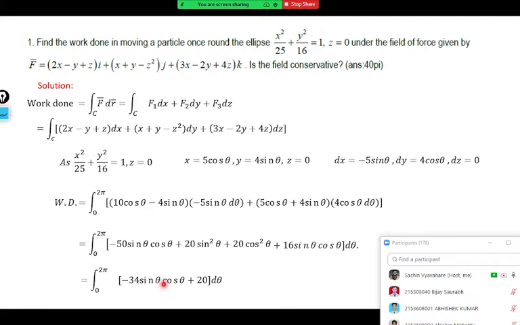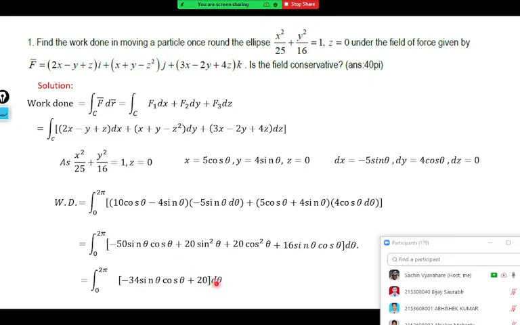This is the property of integration. You can use that property, or you can do it step by step. But you can just mark an arrow and 0 there directly, and only 20 d theta is left.